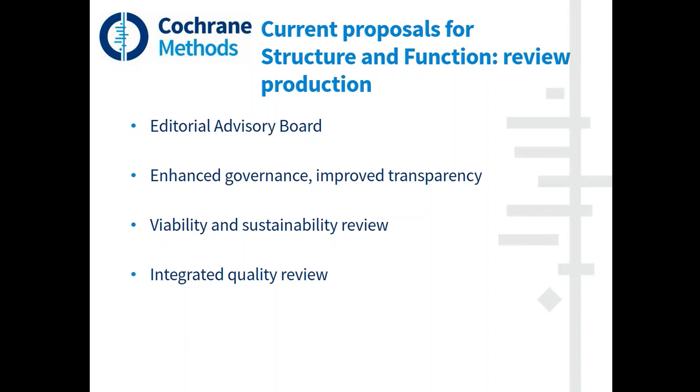The second part of that will be around identifying groups that are vulnerable, whether that's because they don't have resources, or they have threatened resources, or they don't have access to appropriate methodology skills, or an editorial board that functions, or that we've identified them as being at risk of producing reviews that don't meet the quality standards.